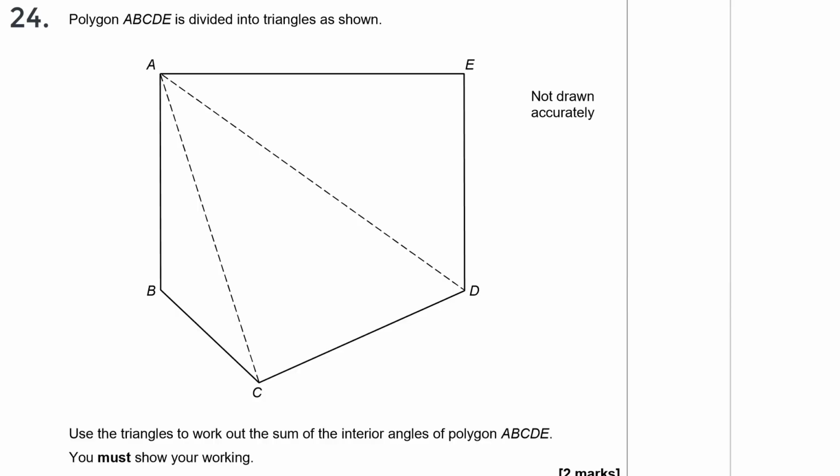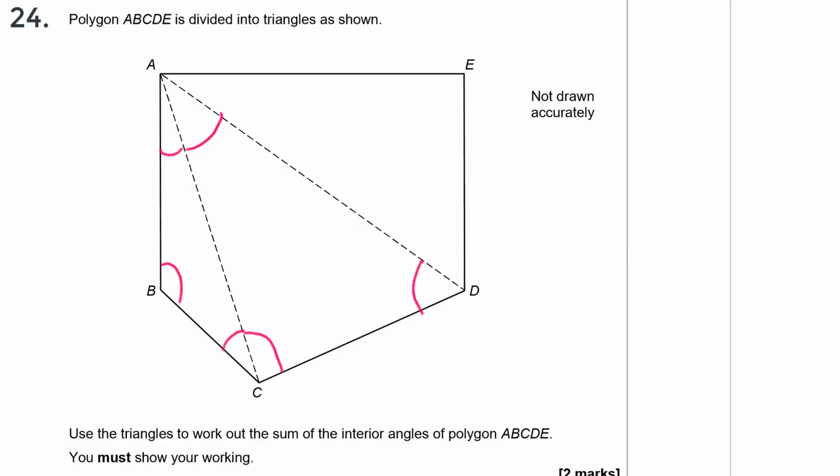Your maths teacher might have shown you how to derive the formulas for sum of interior angles of a polygon, and they do involve just dividing the shape up like this into triangles. You know that the angles inside the triangle sum to 180 degrees, so this triangle here adds up to 180 degrees. Now the triangle next to it also adds up to 180 degrees, its interior angles there.